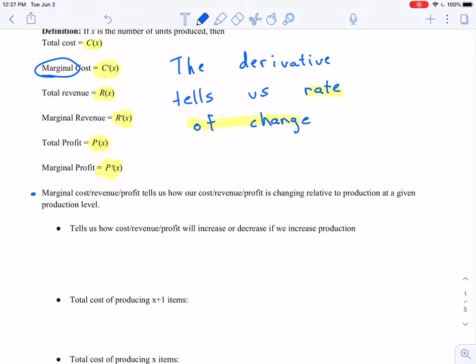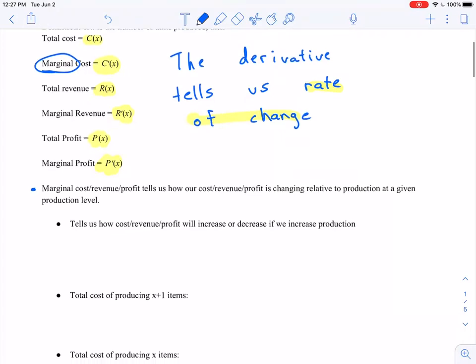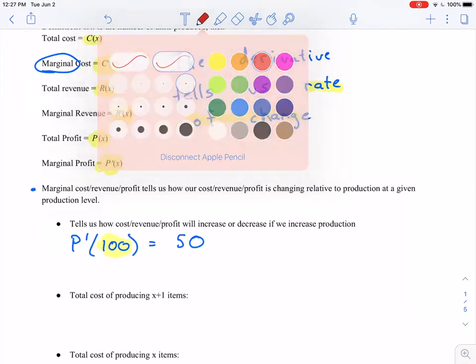So here's an example. Let's say I am talking about marginal profit. Let's say I'm manufacturing perhaps 100 units per week, and whatever it is that I'm selling, my marginal profit is 50. This value right here, 100, is most likely my x value.